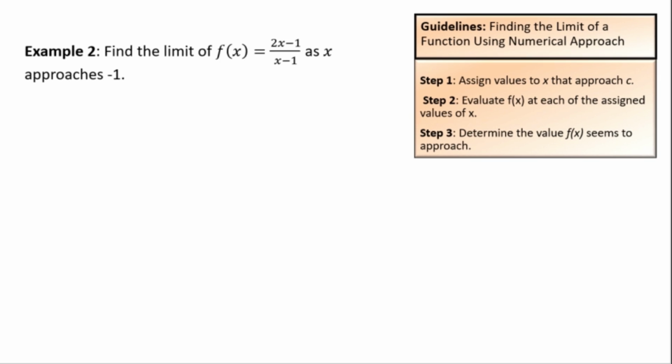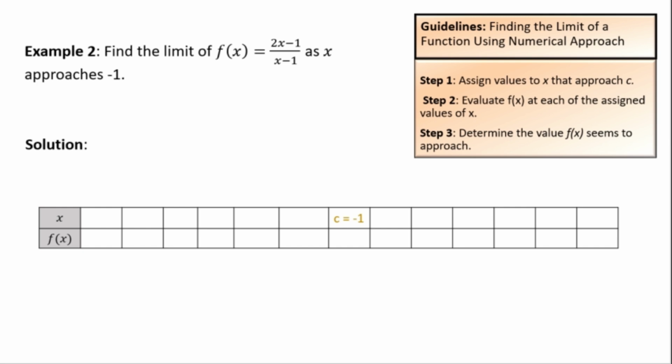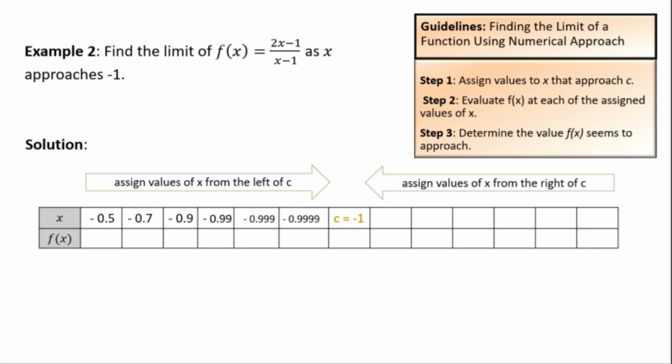Example 2, find the limit of f of x equals 2x minus 1 all over x minus 1 as x approaches negative 1. Solution. First, assign values for x from the left and from the right.